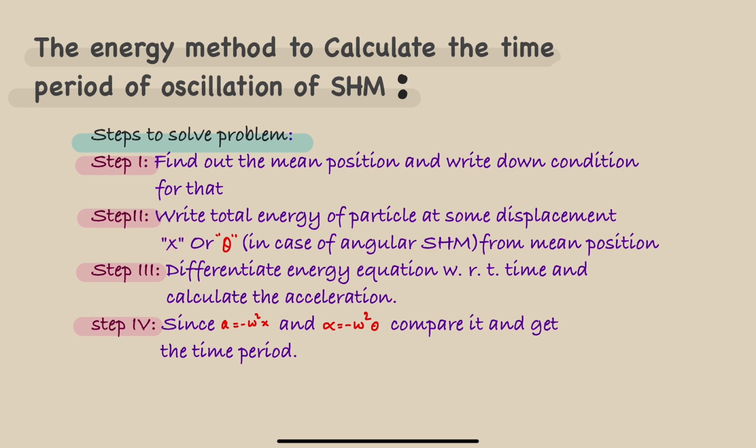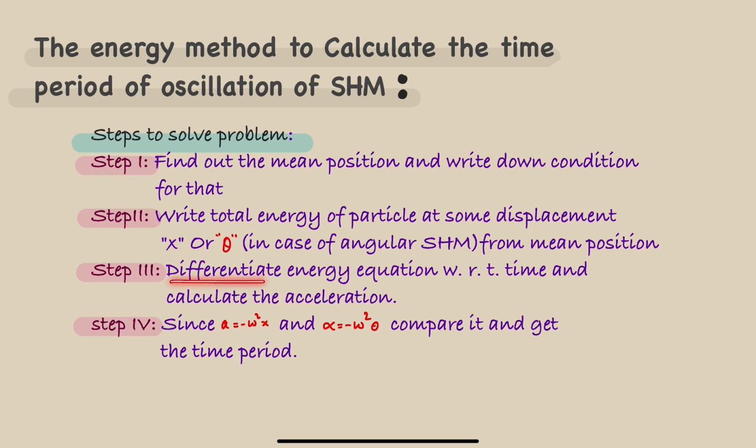If it is angular simple harmonic motion, we will write down the total energy at angle theta. Again, I am repeating, the total energy shall always remain constant because it is a conservative system. Therefore, the total energy with respect to time is also constant, and its differentiation will be equal to zero. That is the crux of this method.